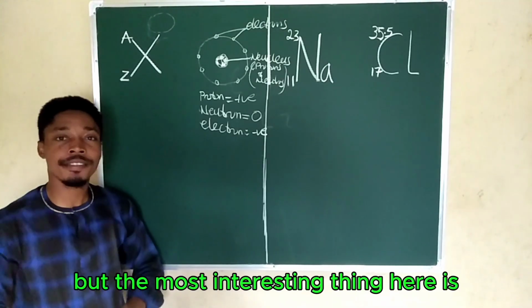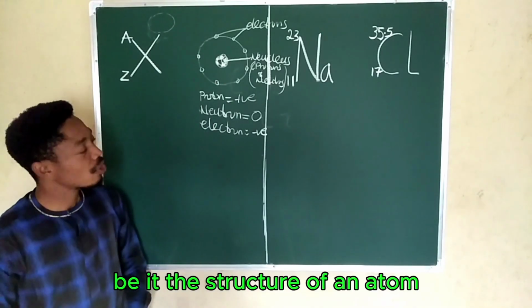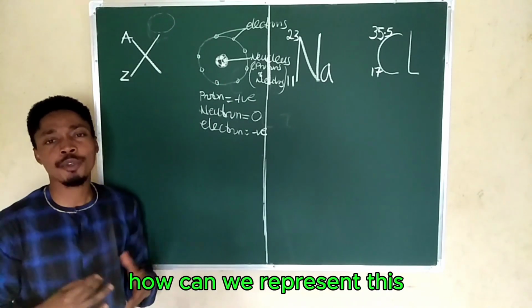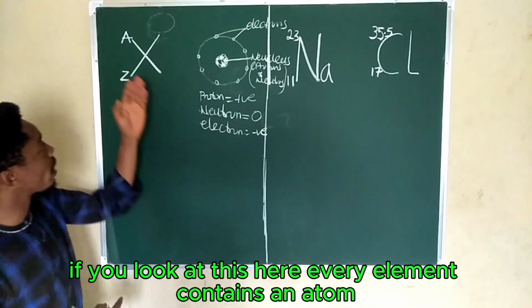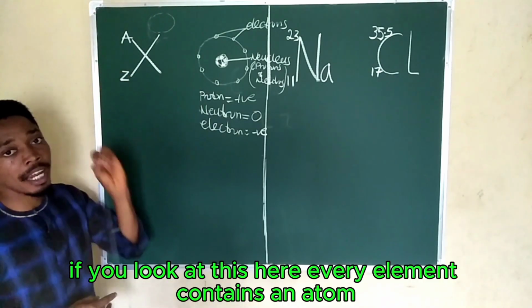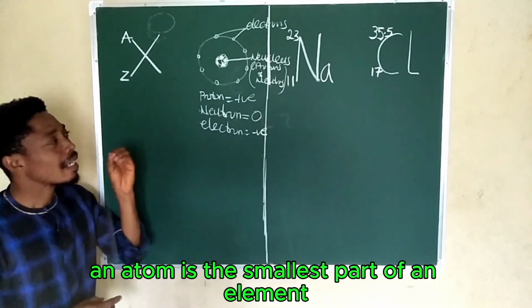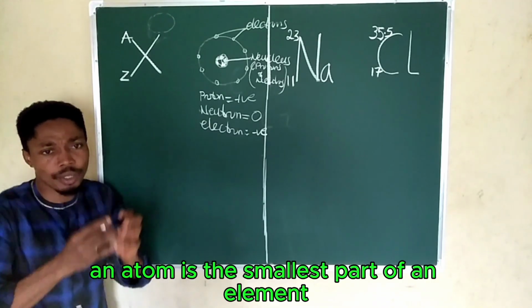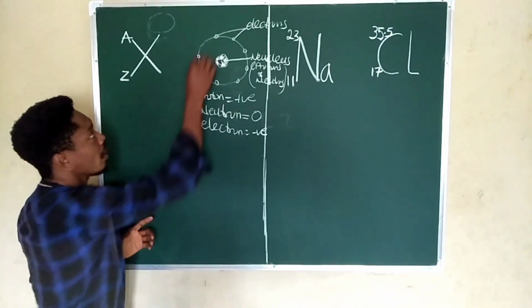But the most interesting thing here is, be it the structure of an atom, how can we represent this? Every element contains an atom. An atom is the smallest part of an element that can take part in a chemical reaction.